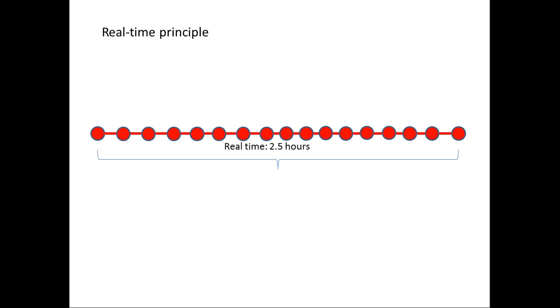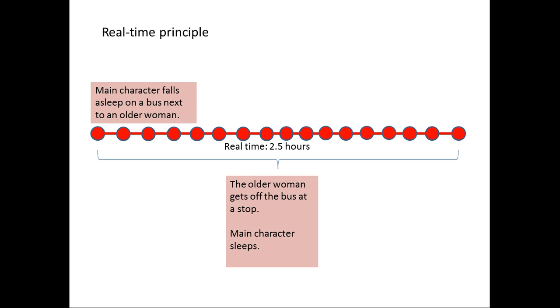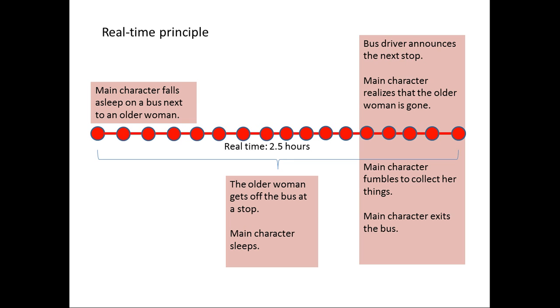Here we have an example of someone who has attempted to write about a series of events in real time. The main character falls asleep on a bus next to an older woman. At one point, the older woman gets off the bus at a stop while the main character sleeps.